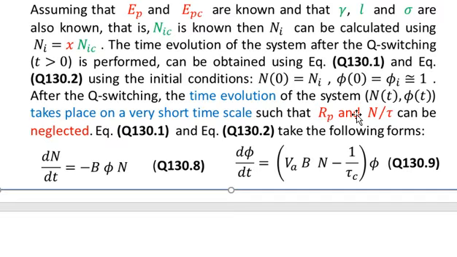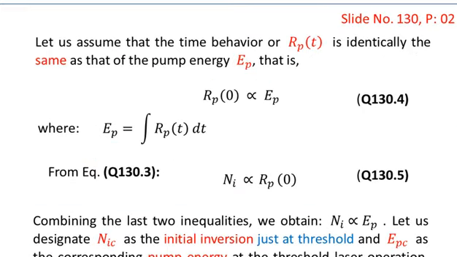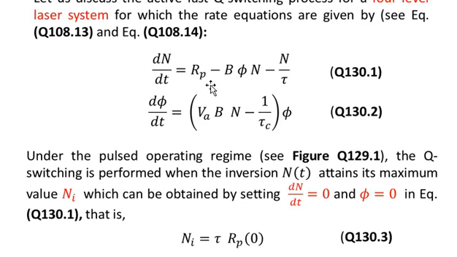We can neglect these two because our time scale for the Q switching is very fast, and Rp and N over tau cannot respond at such a fast pace, and we can regard these two quantities to be equal to 0. So if we neglect Rp and this term N over tau in equation number 1, you are left with this middle term only. And all the terms in equation number 2 will survive.